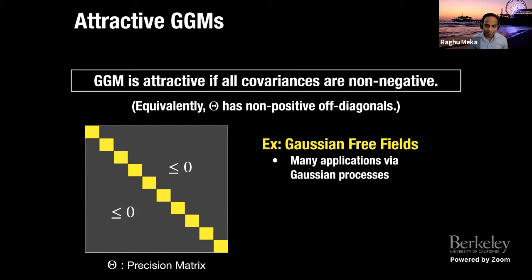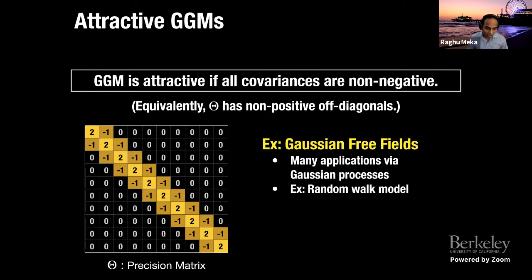For example, there's this class of models called Gaussian free fields, which are essentially Laplacians on some graphs, as in statistical physics, and they are used for modeling Gaussian processes. They all belong to the class of attractive GGMs. The random walk model that we saw before is also an attractive GGM. The precision matrix was exactly this.